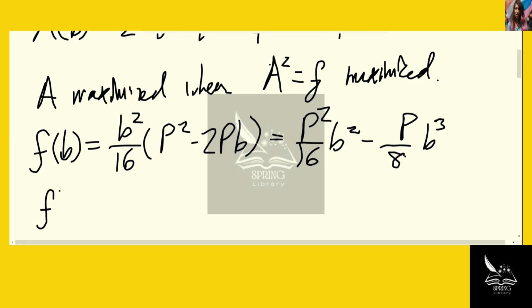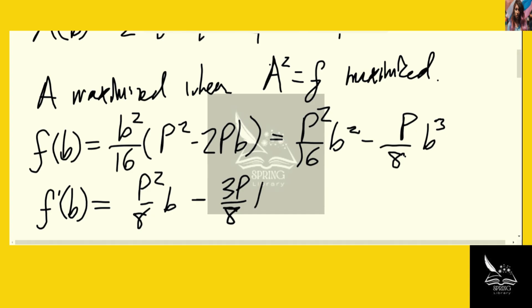So the derivative F prime of B is P squared over 8 times B minus 3P over 8 times B squared.